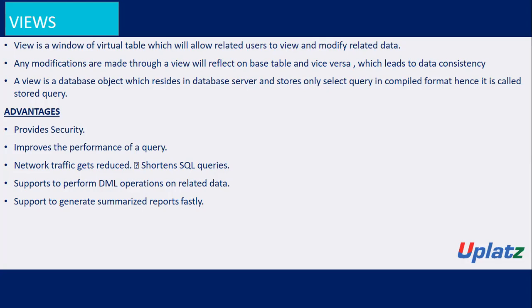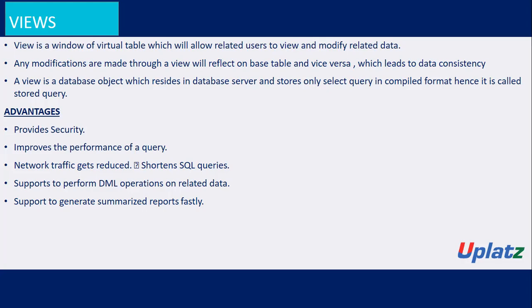A base table is a table that is used to create the view. The table from which we pick the columns will be considered the base table. So what we have to understand here is that whatever modifications are made through a view will also reflect on the table from which we are deriving the columns, and vice versa, which leads to data consistency.